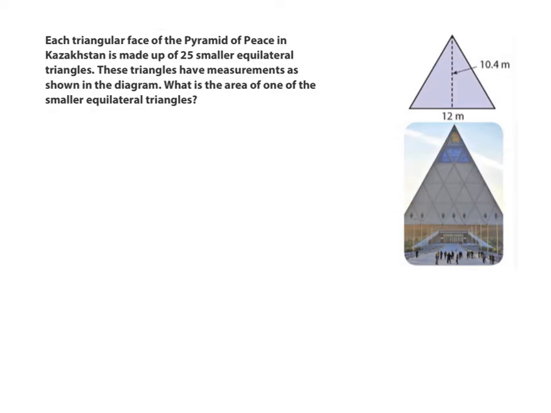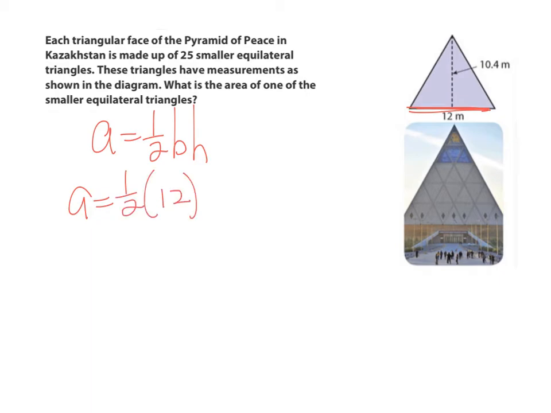So we just use our formula, which is area equals 1/2 base times the height. My base is 12 meters. So 1/2 times 12. My height is 10.4. I just use what I know about multiplication.